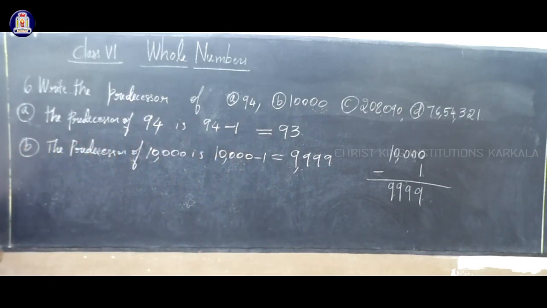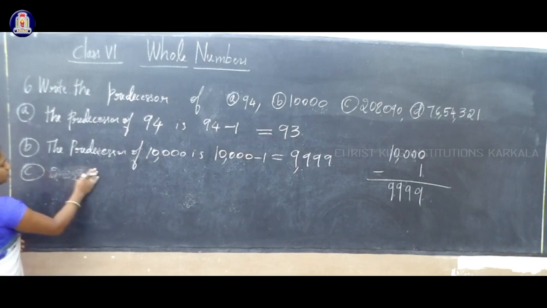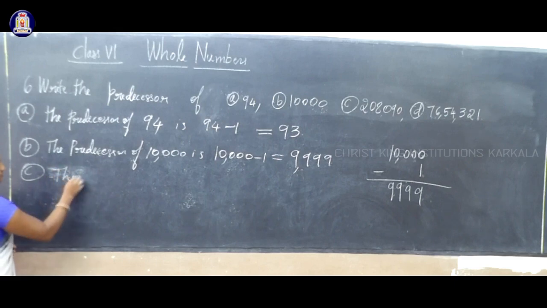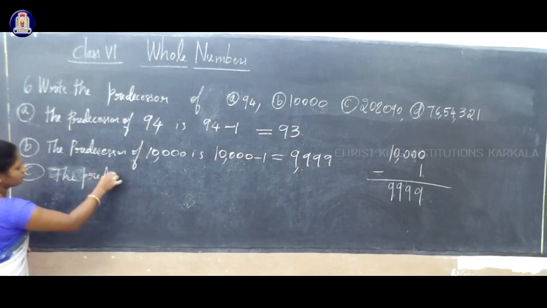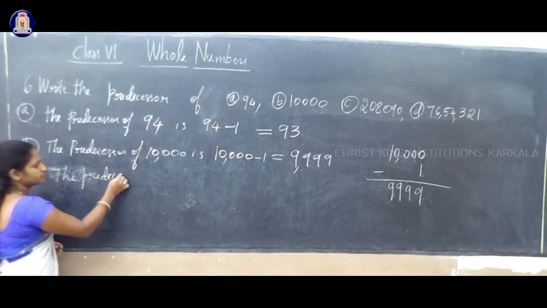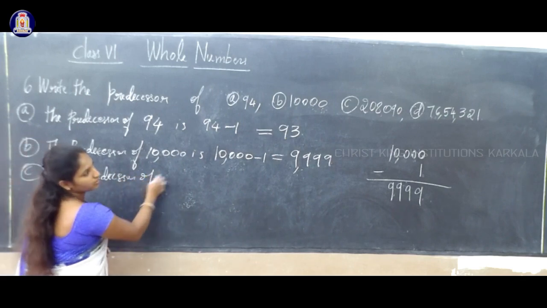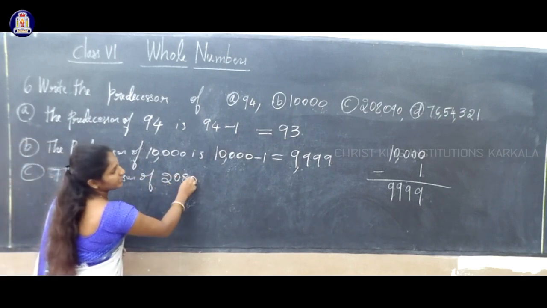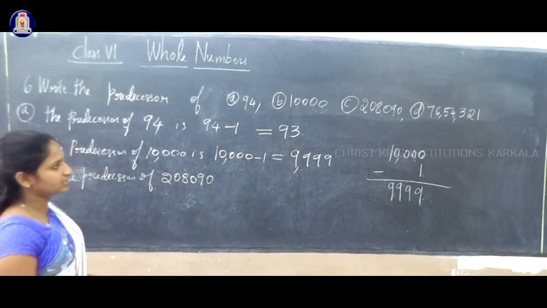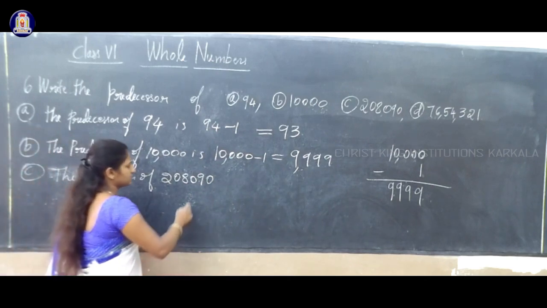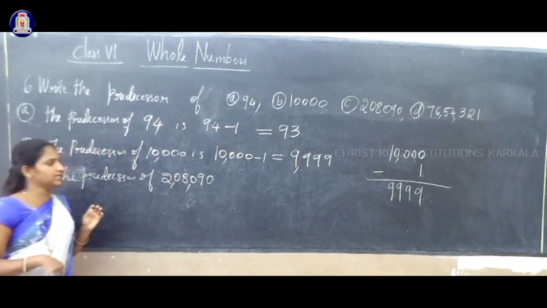So what is the third question? Third question is 208090. So write like this. The predecessor of 208090, correct? That means 2,08,090.